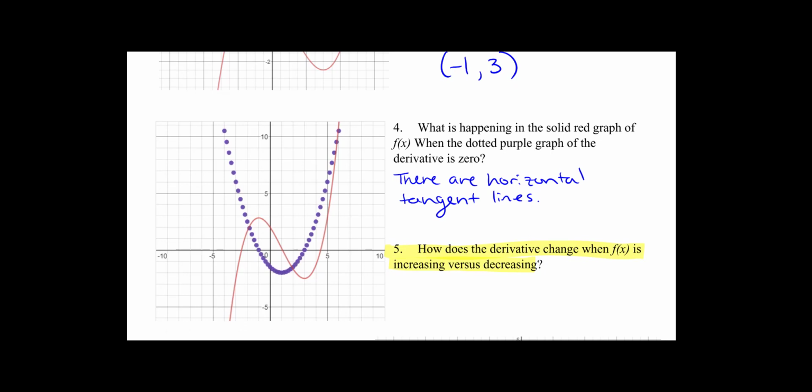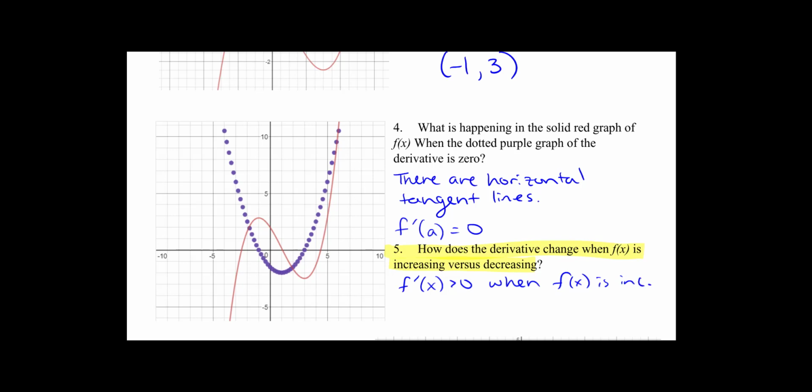So as we discussed in number 4, the horizontal tangent lines correspond to the derivative being equal to 0 for those a values or x values. The derivative changes here, increasing versus decreasing. We can say that our derivative is positive when our function is increasing.